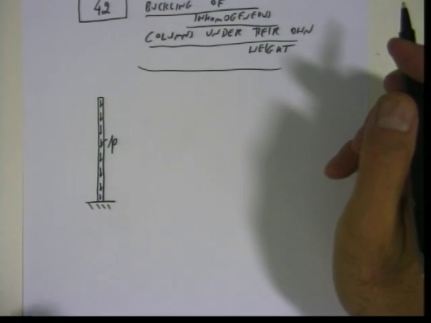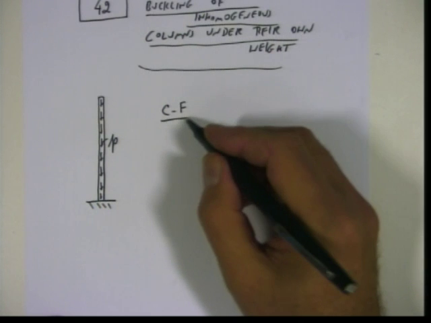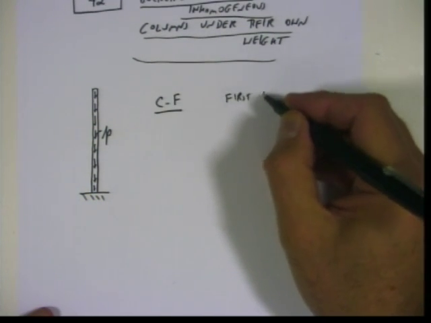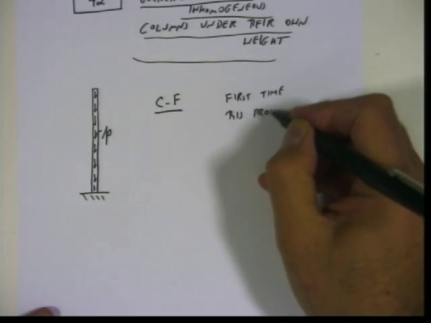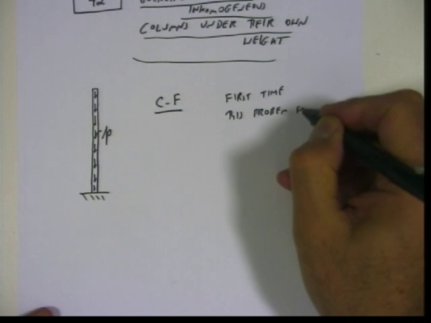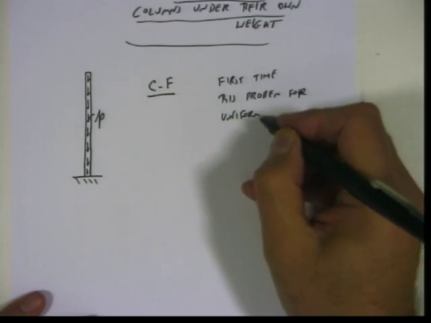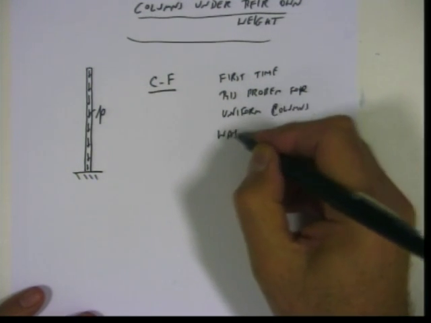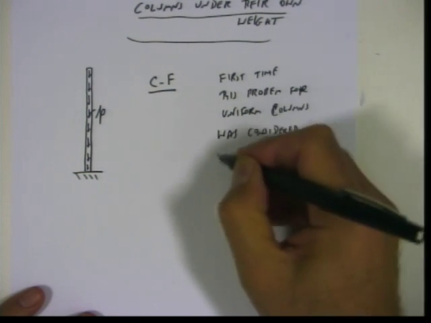So this is this clamped free column. So first time, this problem for uniform beams, uniform columns, was considered by Euler.